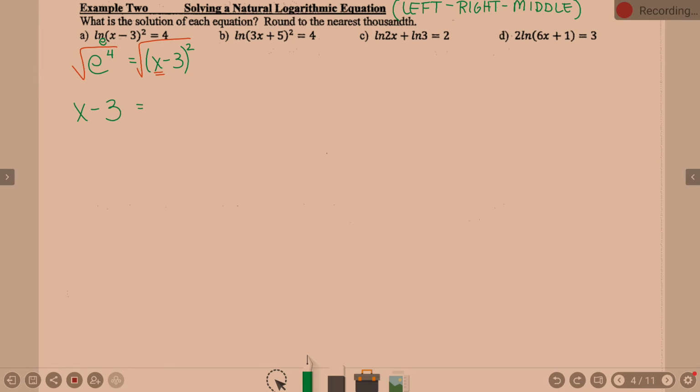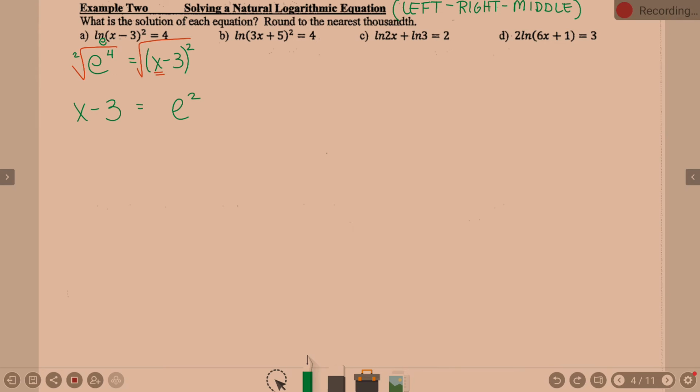Now, I don't want a calculator answer right now, but the square root of e to the 4th. How do we take a square root of a power? To take a square root of an exponent, you divide that exponent by 2. So the square root of e to the 4th is e to the 2nd, because you're doing 4 divided by 2.